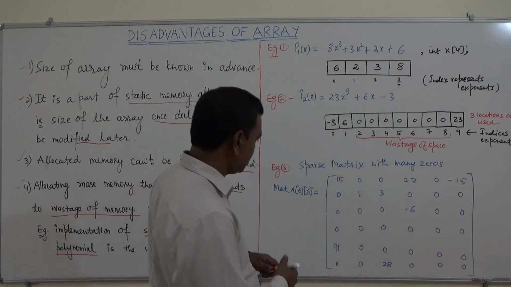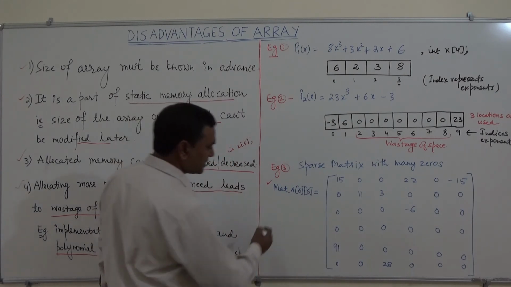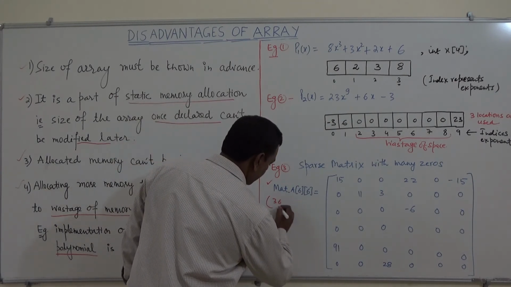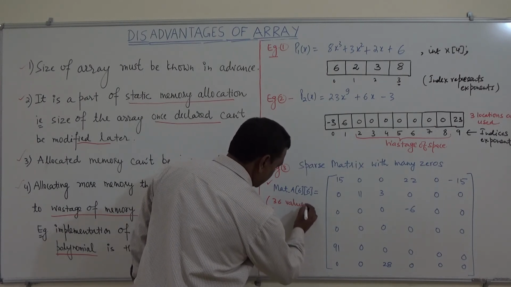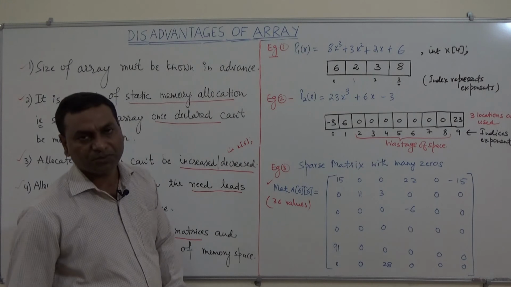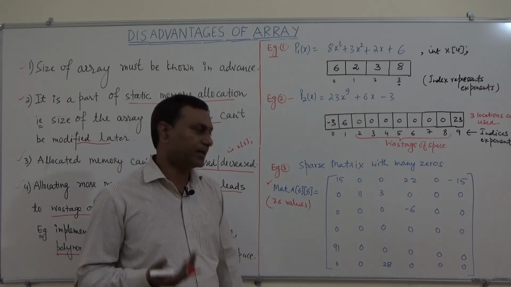So you can see this is a matrix of 6 by 6. It means this will store 36 values, or it will require 36 memory locations, if we want to implement it, then we will require a 2D array.